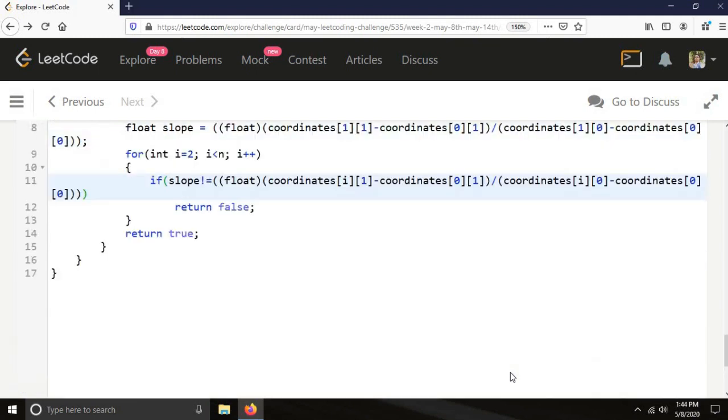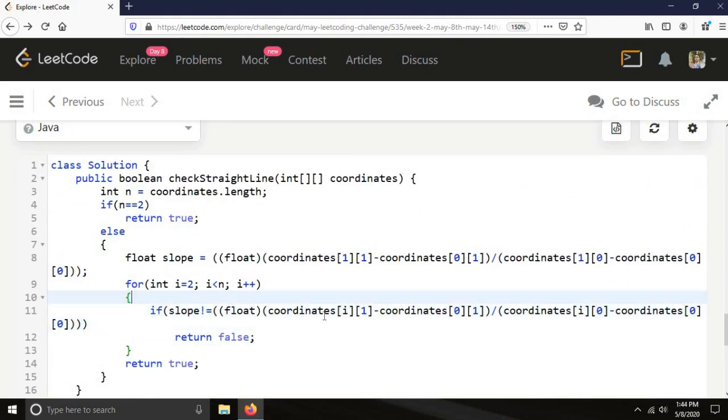Yeah, it's accepted. It was because whenever we divide an integer by an integer, the result also comes as an integer. That's why we have been getting that error. We are converting this first part into float, and if we divide a float variable by an integer, then the result will be float.